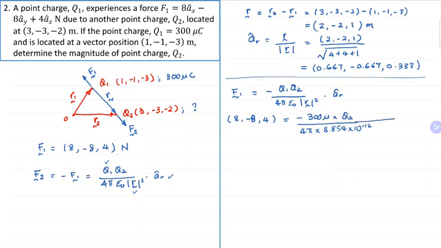Then our r is square root of 4 plus 4 plus 1, that will be 9. Square root of 9 is 3. So there will be 3 squared. And our unit vector, write it up here, times (0.667, -0.667, 0.333).